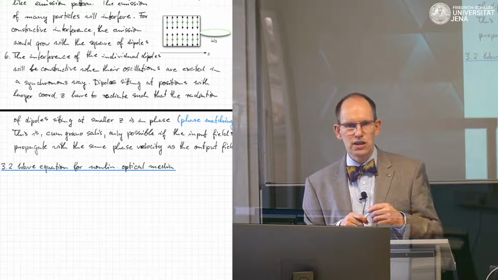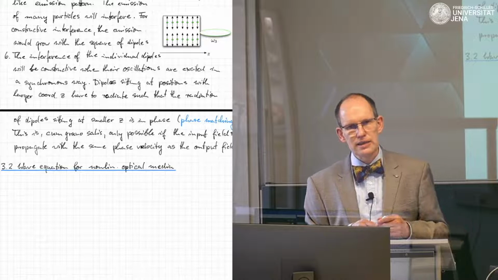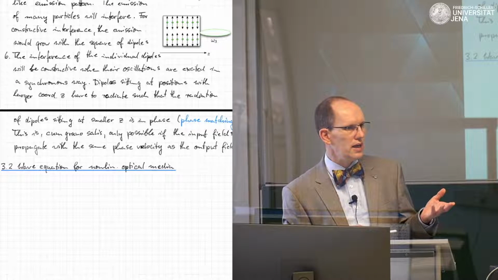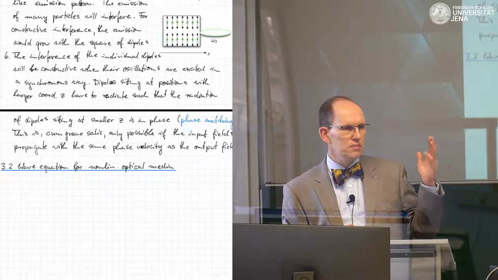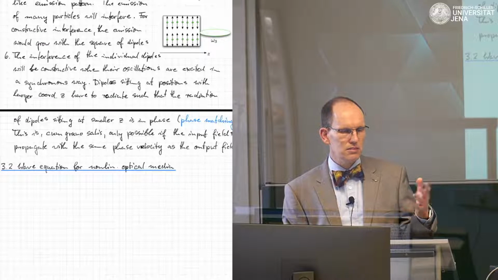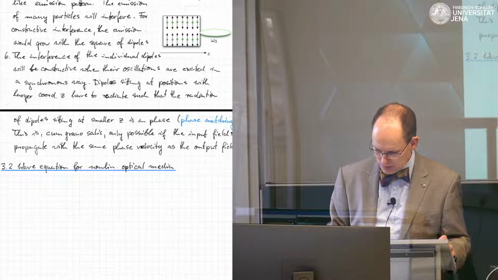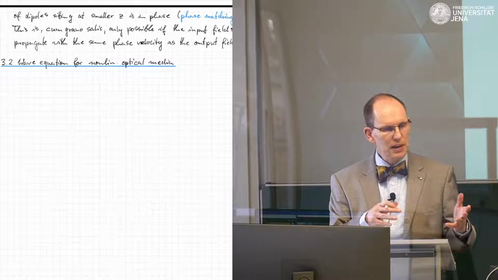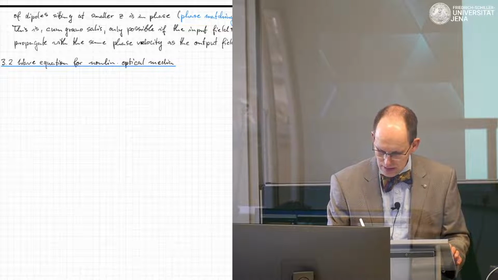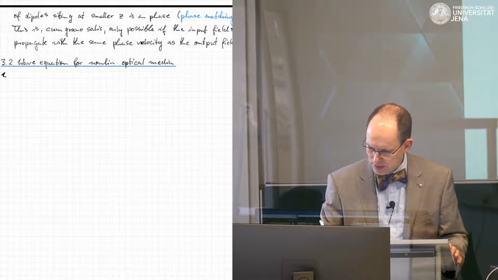So the charge density is equal to 0, and also there are no free currents. So J is also equal to 0. And in addition, you would say, well, the medium is non-magnetic, because otherwise we would have iron or something like that, which is also not transparent. So we make these usual assumptions and derive the wave equation in this way.